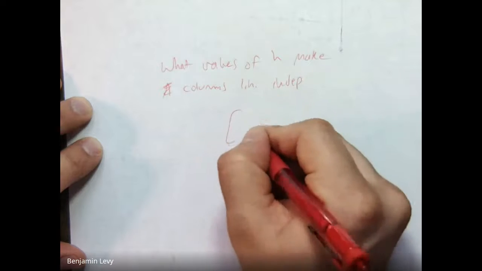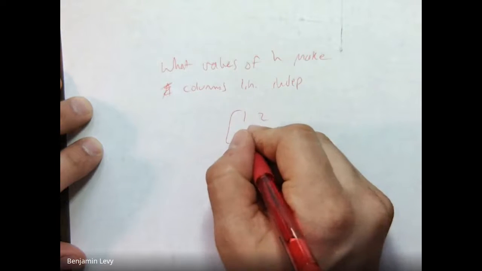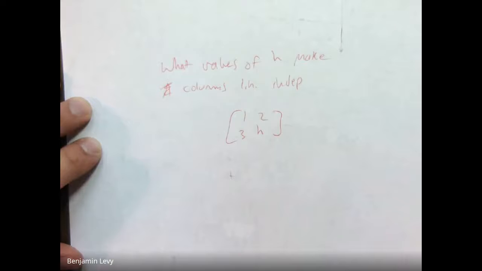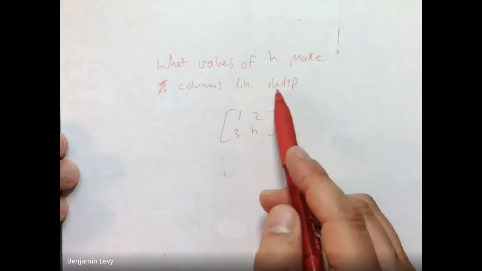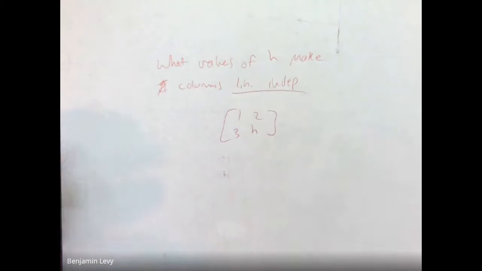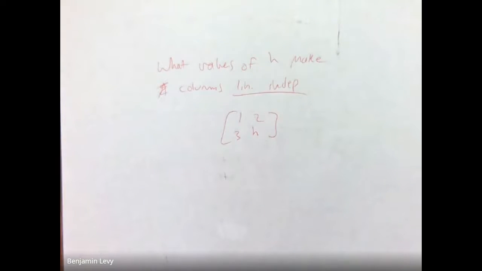And then it would be like 1, 2, 3, h. I'm going to put one of those types of questions on there just to see that you know how to row reduce something by hand. That's going to be part of the question, and then the other part would be maybe doing linear independence. I don't know if it's exactly a linearly independent type question, but you know what I mean. One of those types of questions where there's an h in it, you need to row reduce, and you literally have to do it by hand.